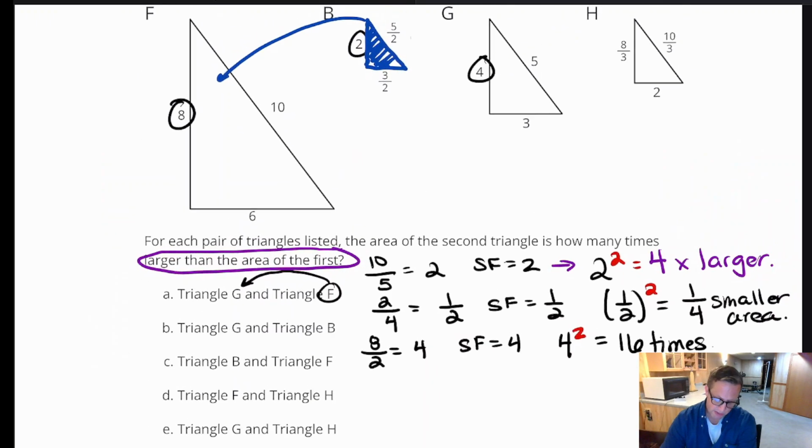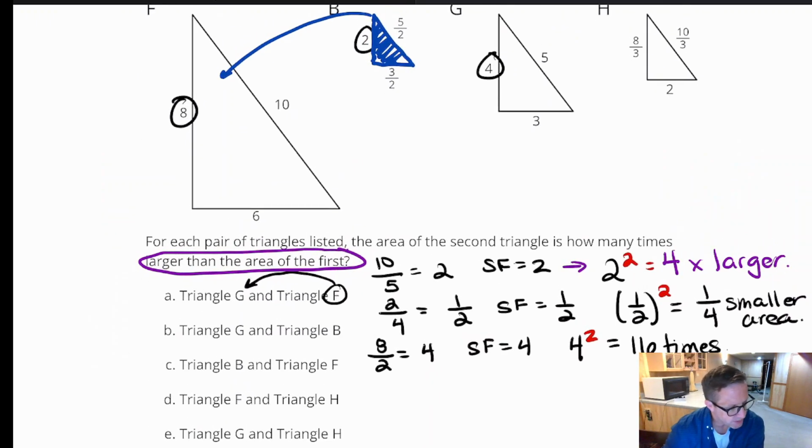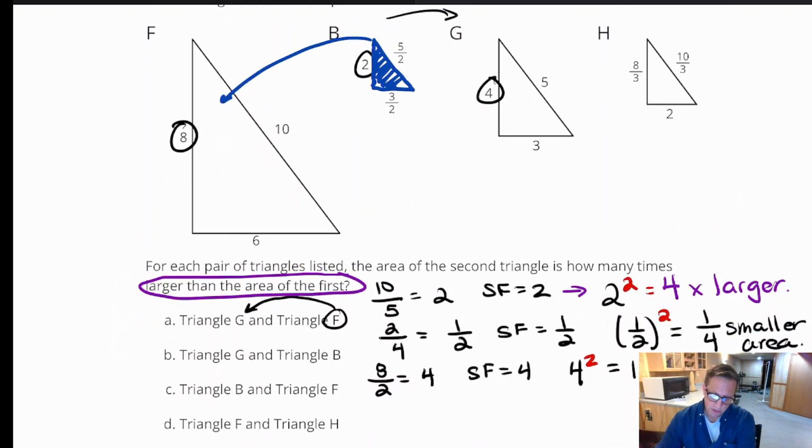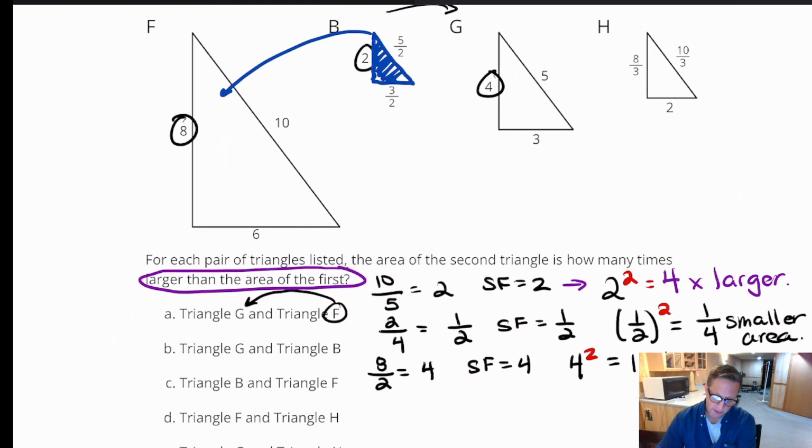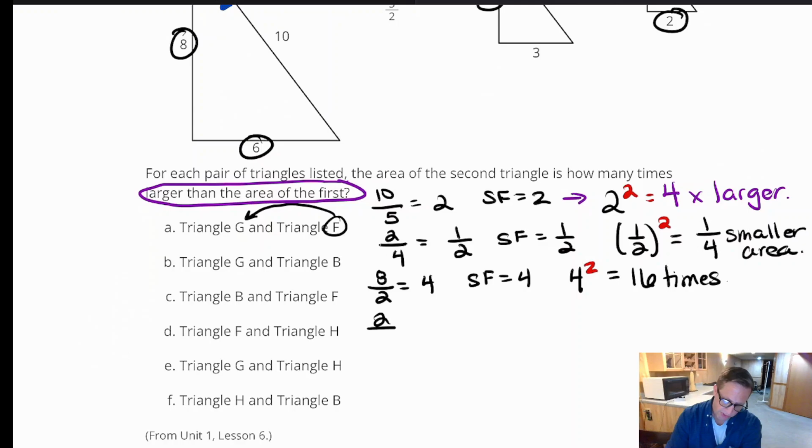All right, triangle F and H. So you've got F and H. What are good ones to compare here? There's a 2 here, and there's a 6. So I'm just going to do 2 to 6, which reduces to 1/3.